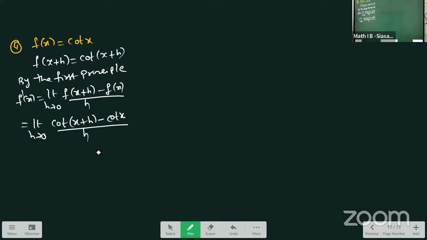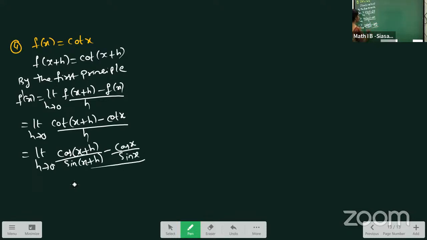Here again we don't have a cot C minus cot D formula. Convert cot in terms of sin and cos. We know cot theta is cos theta by sin theta. Apply that formula here. Limit h tends to 0, cos of x plus h by sin of x plus h minus cos x by sin x, whole by h.